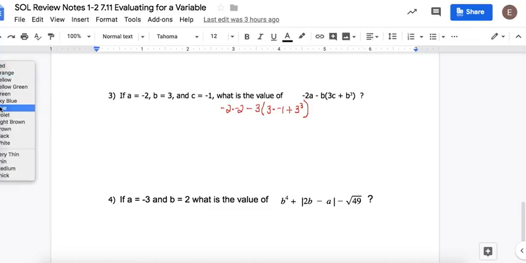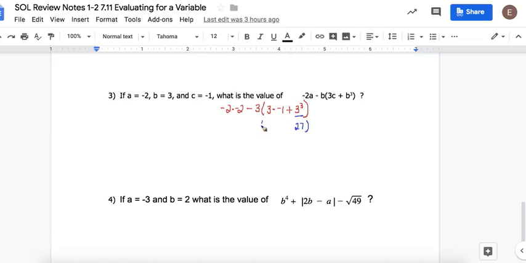Okay, so order of operations tells us gem does, so we're going to do the grouping first, and we see inside the parentheses, we see exponents, so that's the very first step I'm going to do. So 3 to the third power, remember that means 3 times 3 times 3. So 3 times 3 is 9, 9 times 3 is 27.